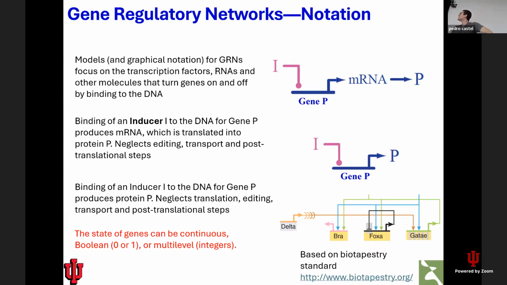So when you have, for example, in this case here, two inputs promoting the gene and one input inhibiting the gene, how do you solve that? Is the inhibitory signal stronger than the two promoting signals? Are the two combined stronger, but each of them are not?